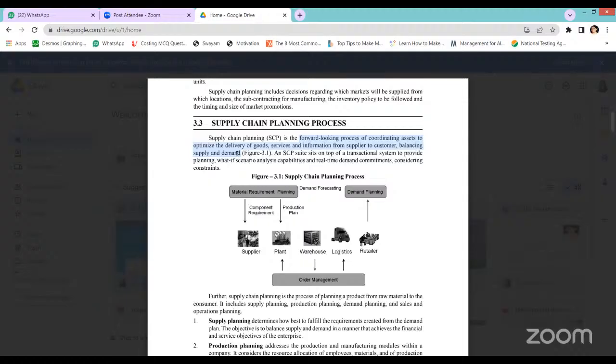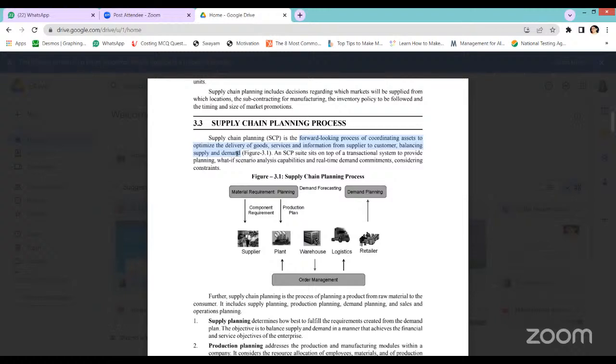Okay, so what is the supply chain planning process? It's a forward-looking process of coordinating the assets. Why coordinate the assets? To optimize the delivery of goods, services, and information from suppliers to customers, and balancing the supply and demand.